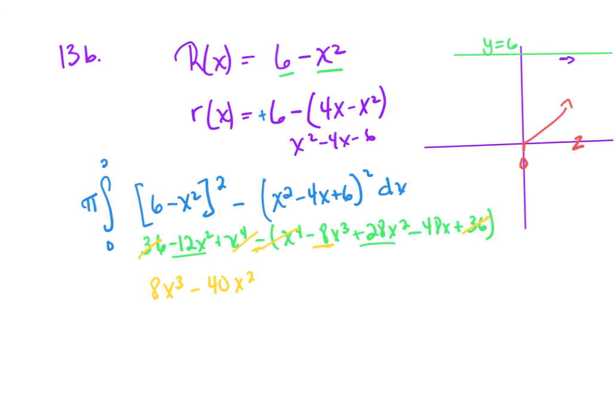And then we have minus a negative 48x, which gives us a positive 48x. And so that makes it a little more simple when we are taking our antiderivative here.